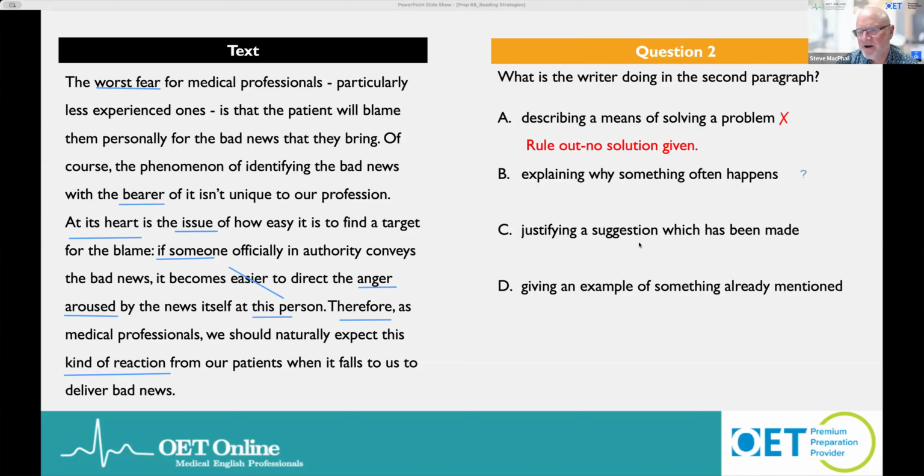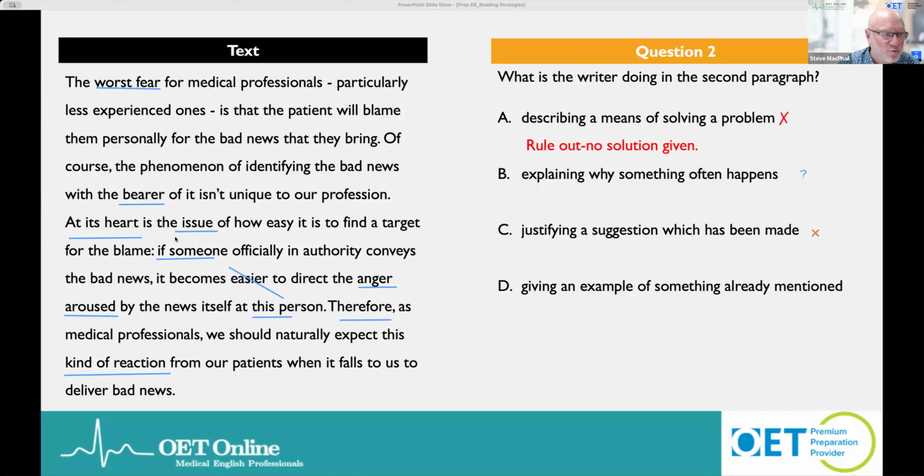C, justifying a suggestion which has been made. Sounds strange to my way of thinking. Don't know if things are being justified. We're explaining why someone reacts, but that's not a suggestion, right? So I'm going to say unlikely. Could be wrong.